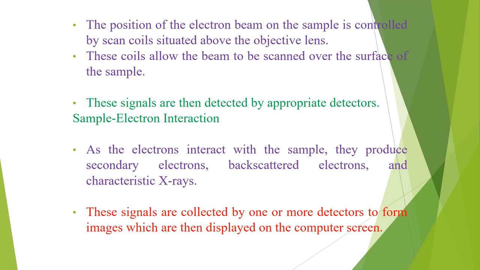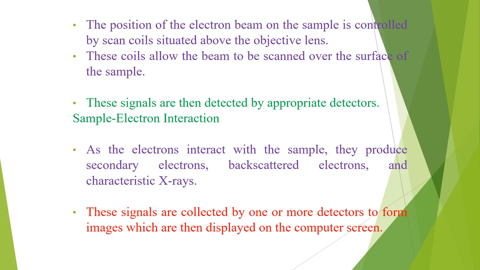This beam raster or scanning, as the name of the microscope suggests, enables information about a defined area on the sample to be collected. As a result of the electron-sample interaction, a number of signals are produced. These signals are then detected by the appropriate detector.